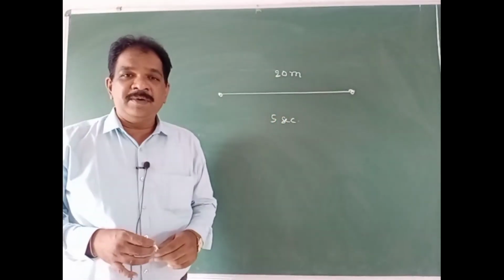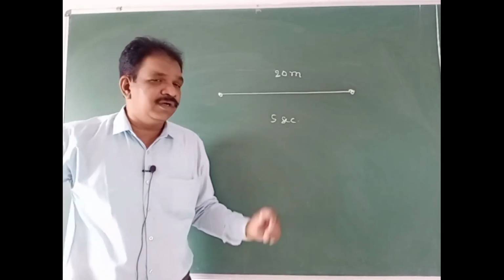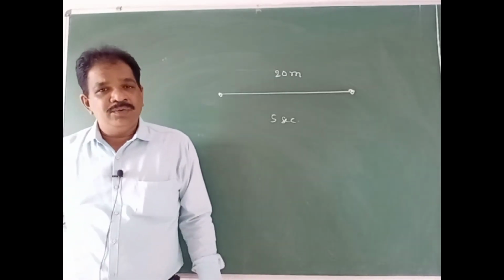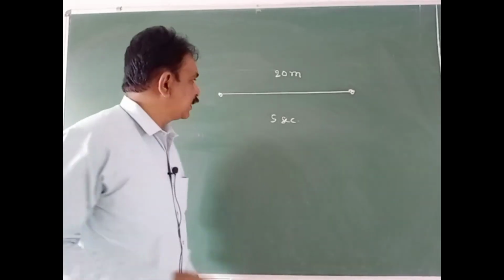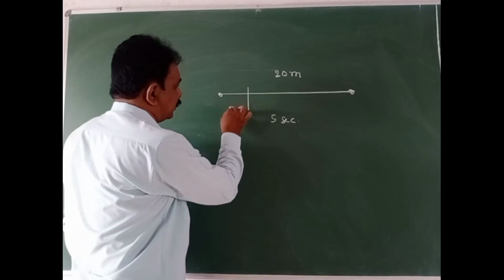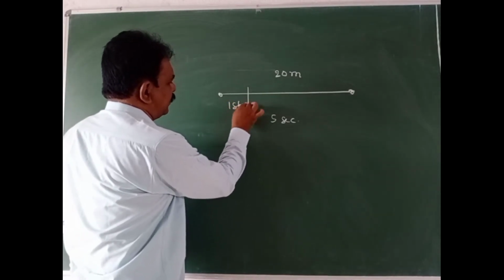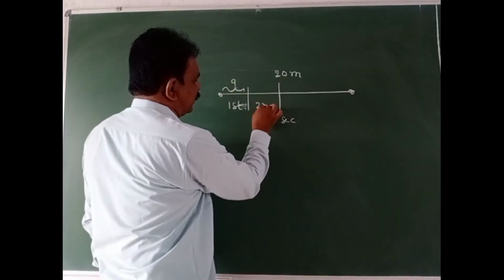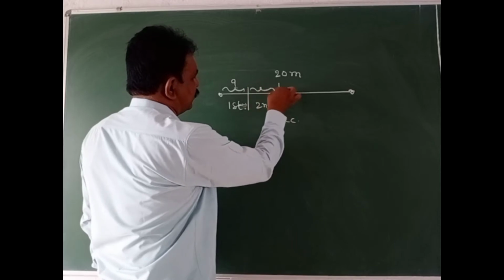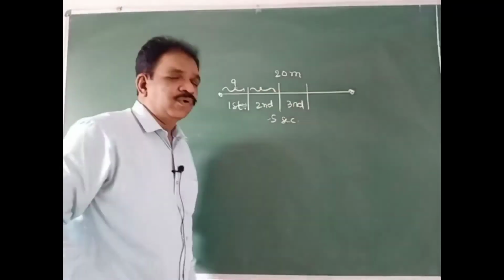If anybody asks that, then we have to use the formula s = ut + half at square. In a particular second, in the first second, what is the displacement? In the second second, what is the displacement? In the third second, how much? In the fourth second, how much?